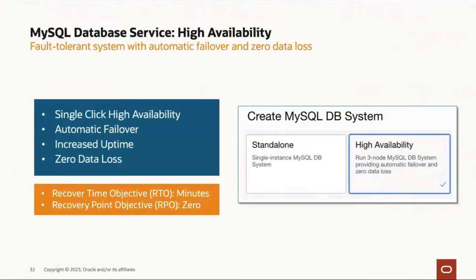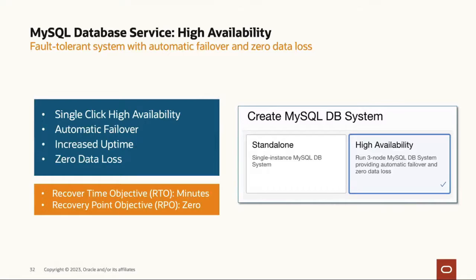So the next piece we'll look at is MySQL. MySQL is supported on OCI. There are two systems that we're going to take a look at. First is the standalone. This is exactly what it sounds like, a single instance MySQL database.